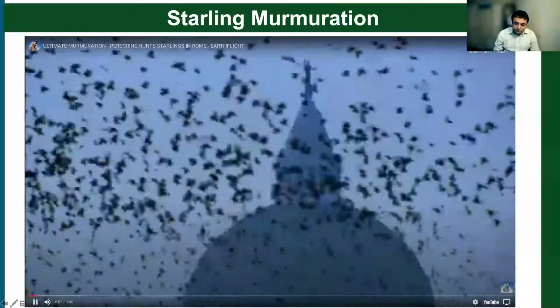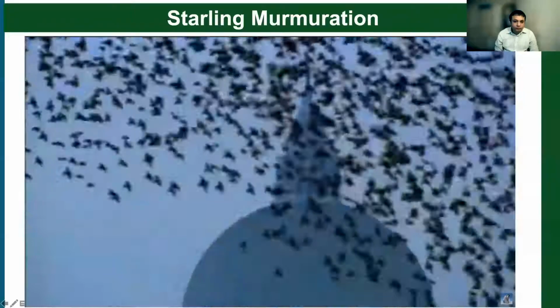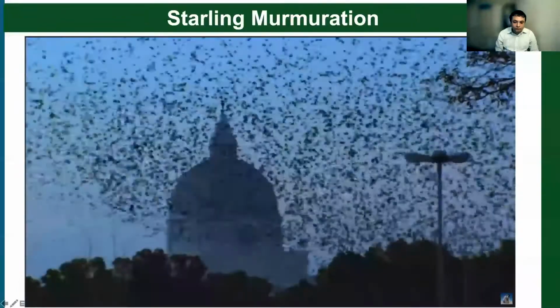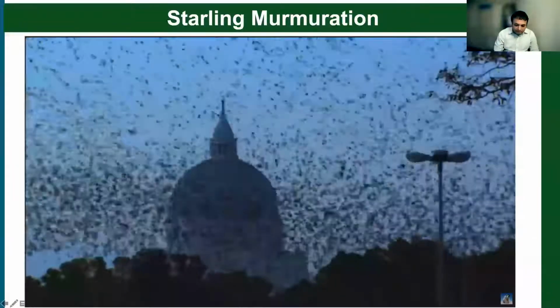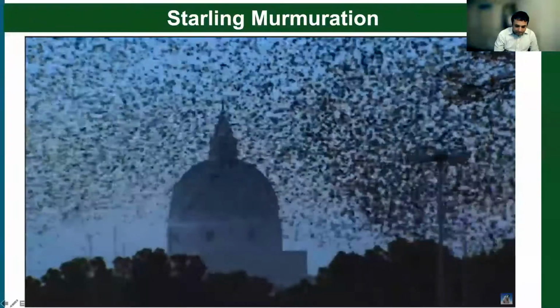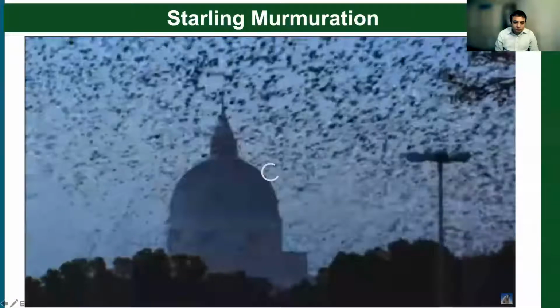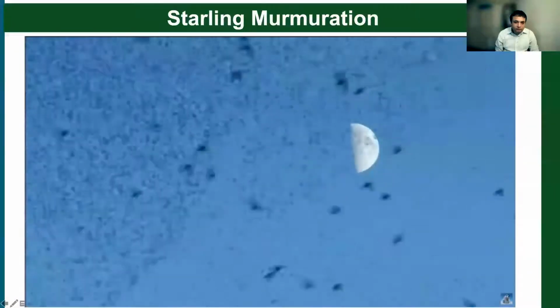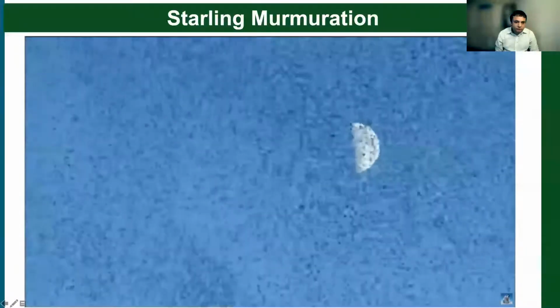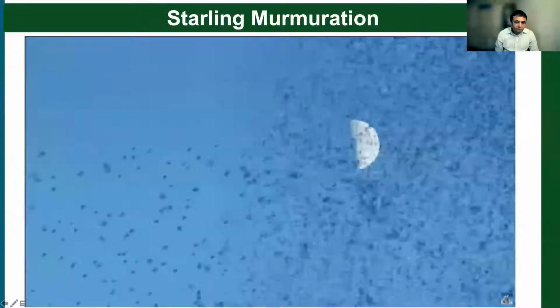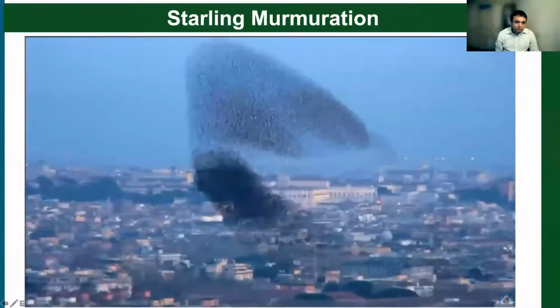Attracted by the heat of the city, 5 million starlings stream into Rome. Before they roost, their maneuvers create nature's greatest aerial display.